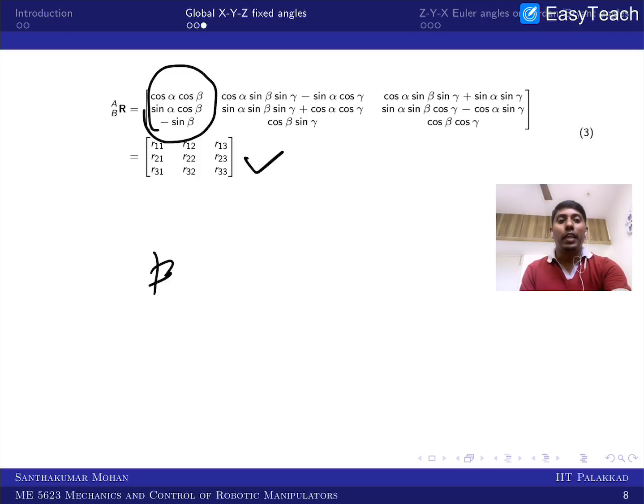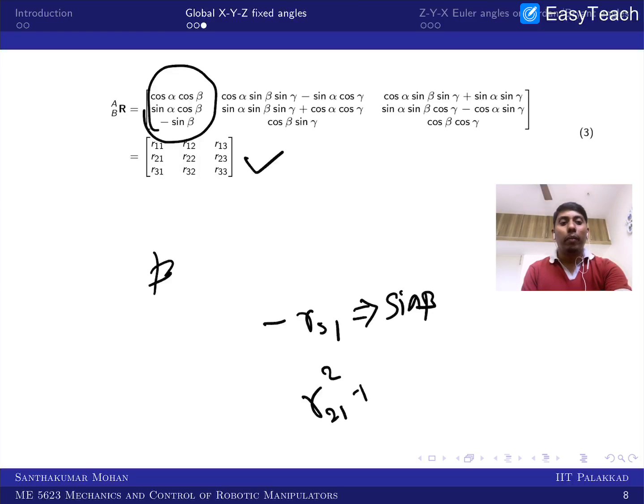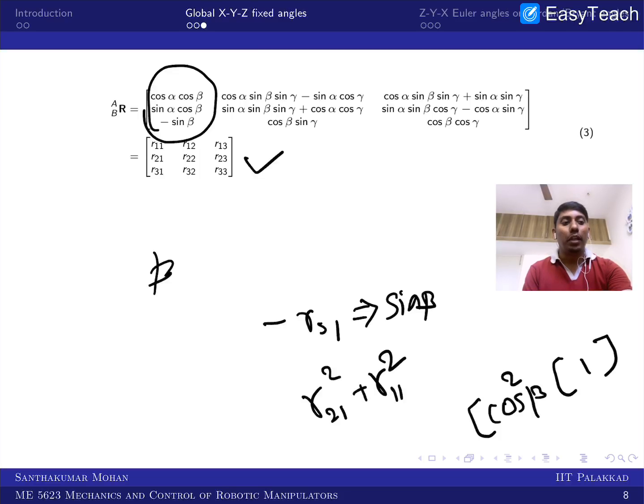I take minus of R31. What I will get would be equivalent to sin beta, and I square R21 squared plus R11 squared. So sin alpha squared, cos alpha squared, cos beta squared would be there. If I take cos beta squared as common, this becomes 1, right?